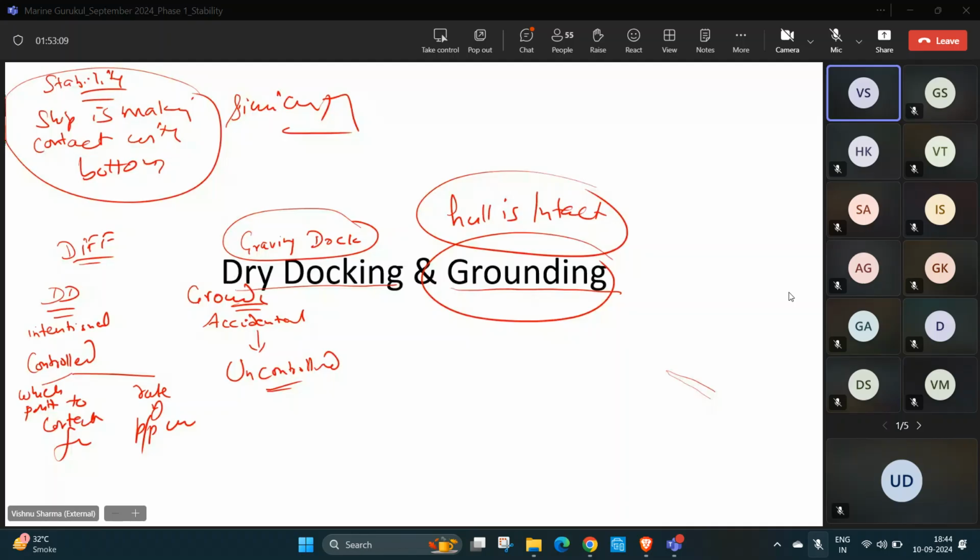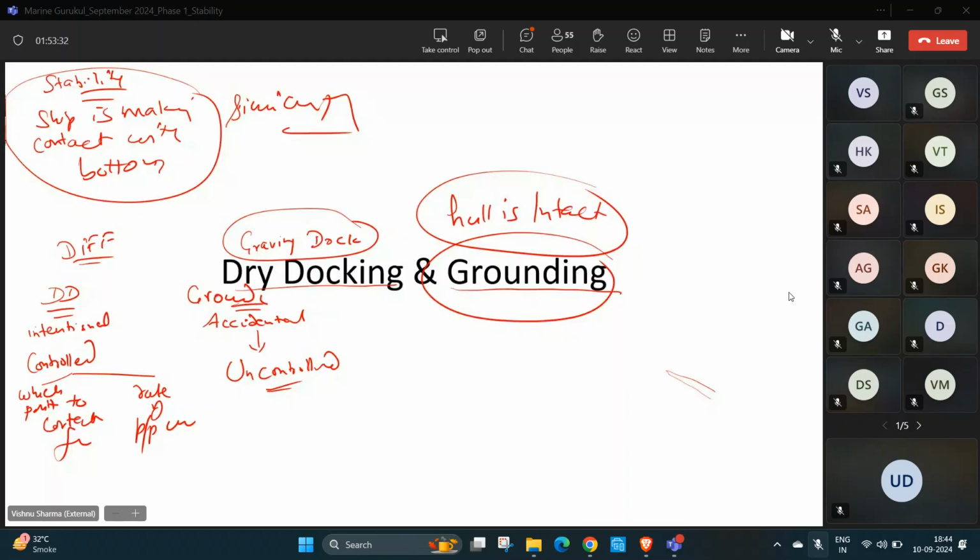So here, when grounding takes place, the watertight integrity of the ship is not affected. So grounding is uncontrolled. You don't know which point is going to make contact first. You do not know what will happen to the tide, whether it will rise or fall, by how much and at what rate.